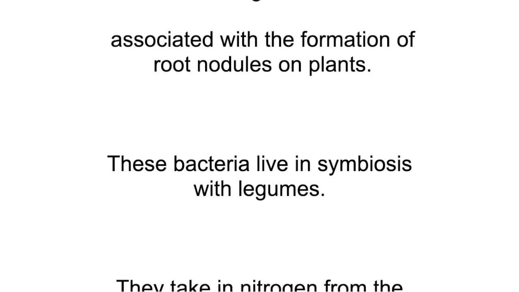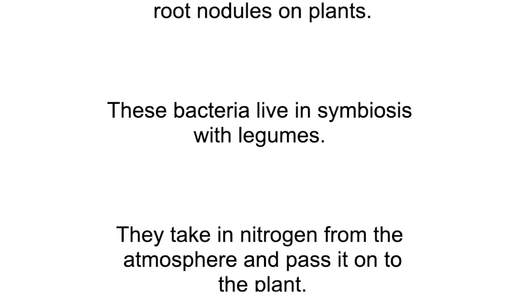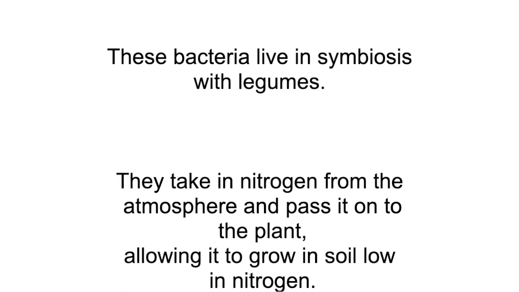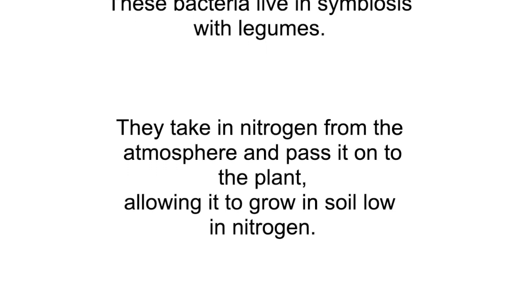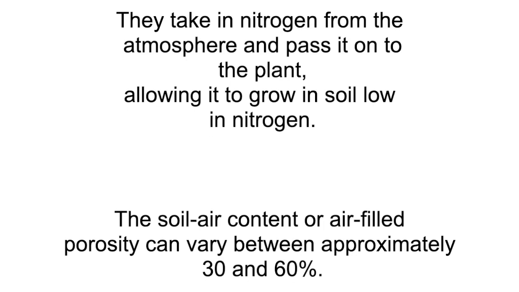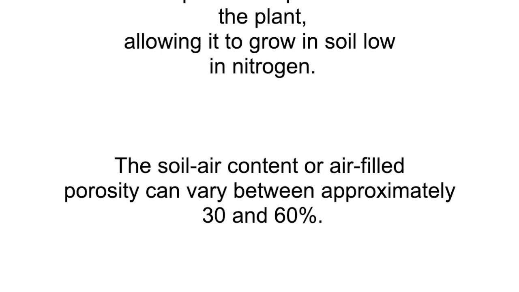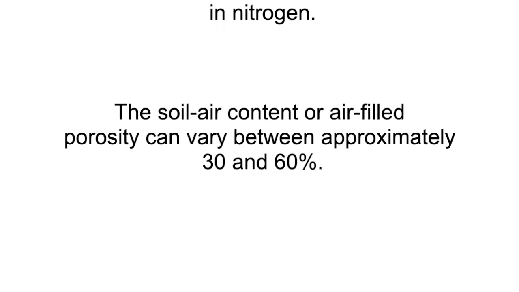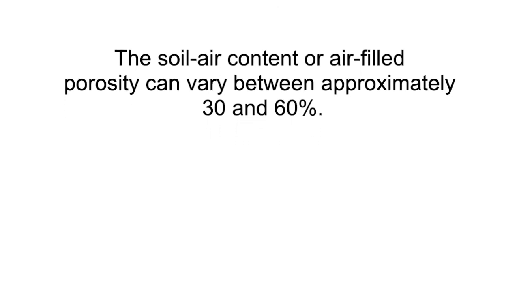These bacteria live in symbiosis with legumes. They take in nitrogen from the atmosphere and pass it on to the plant, allowing it to grow in soil low in nitrogen. The soil air content or air filled porosity can vary between approximately 30 and 60%.